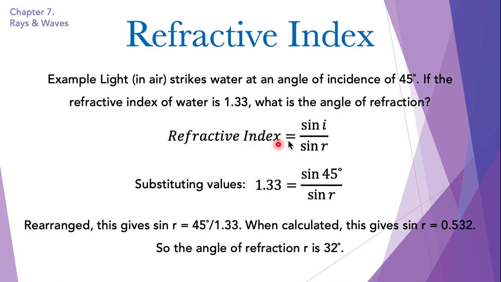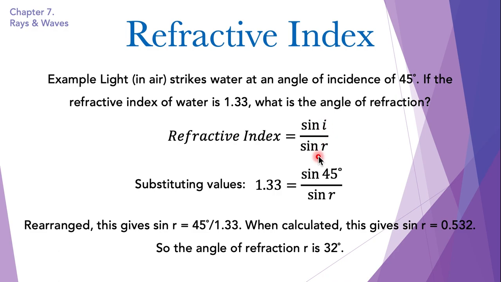So then what we will get is sine i divided by refractive index multiplied by sine r. This is the triangle method. So in this case we want to find sine r, the angle of refraction. So we will hide the angle of refraction and what we will get is sine i divided by refractive index. So we're not multiplying them, we're dividing them. The values which get multiplied are the refractive index and sine r to get sine i.